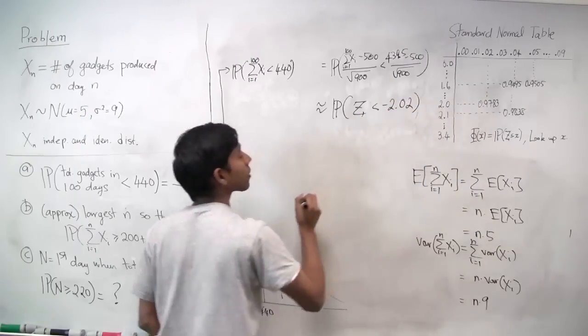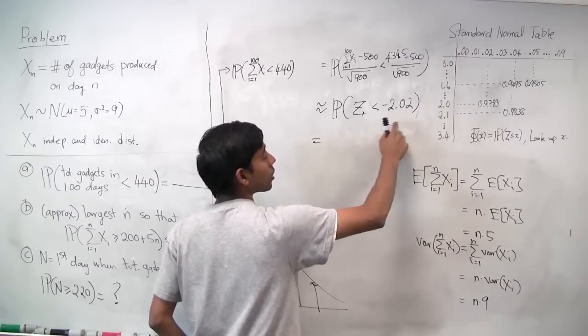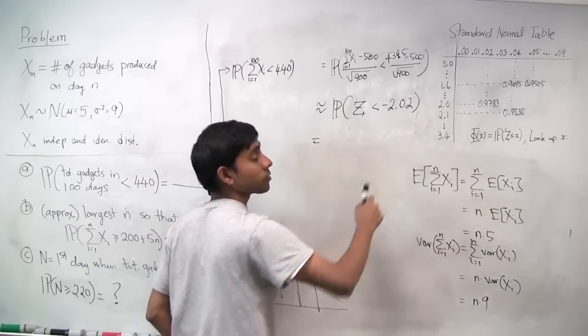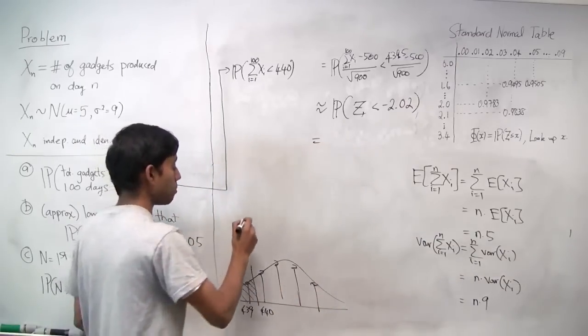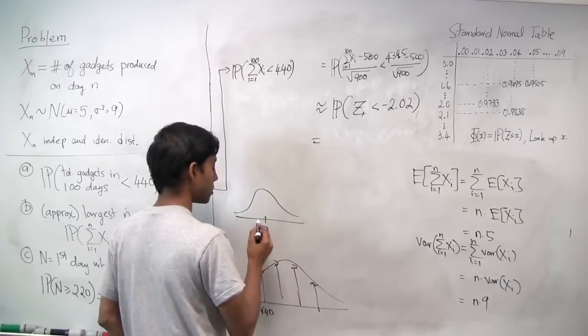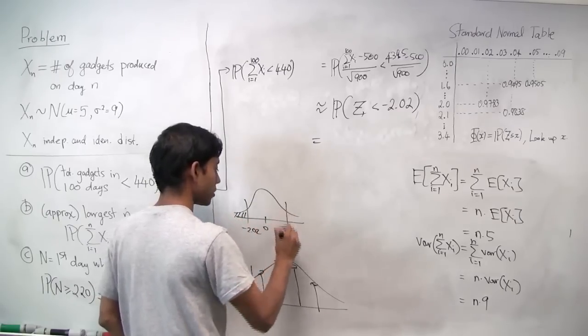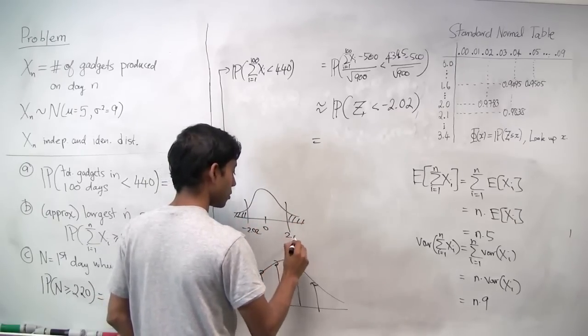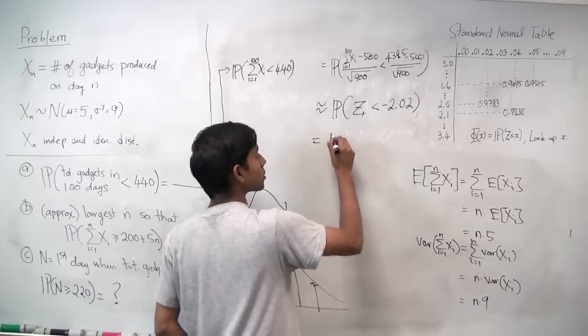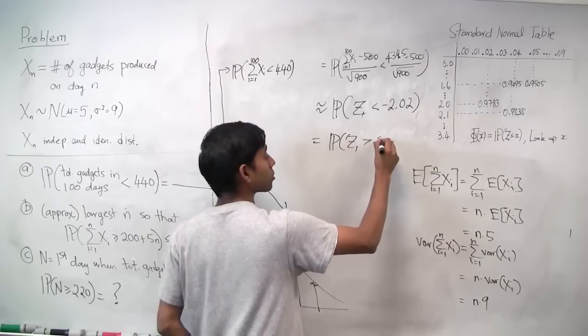From the table, we'll find that negative values are not tabulated. But the standard normal is symmetric, so the area in this region is the same as the area in this region above 2.02. So this is the same as the probability that Z is bigger than 2.02.